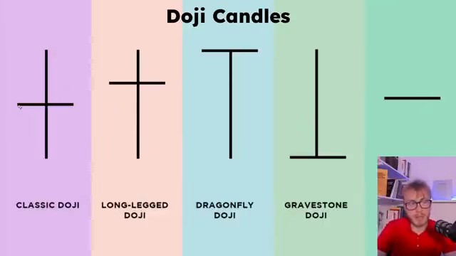However, it is okay for a doji candle to have a very slight real body, so it might look something like this, but we do want to see the real body either being a complete line or a very small real body.